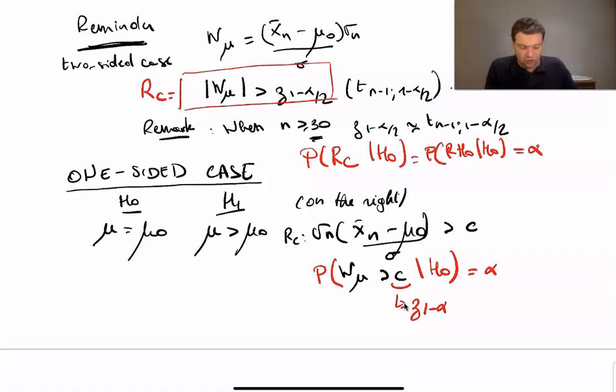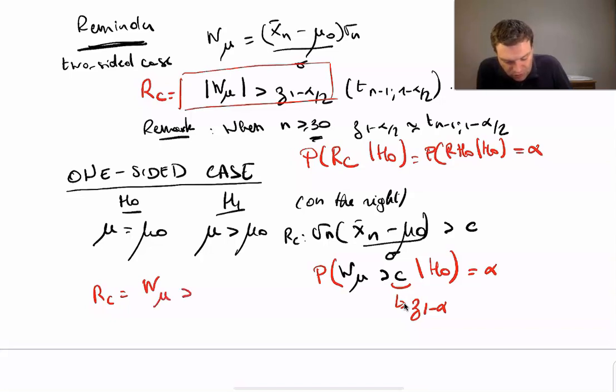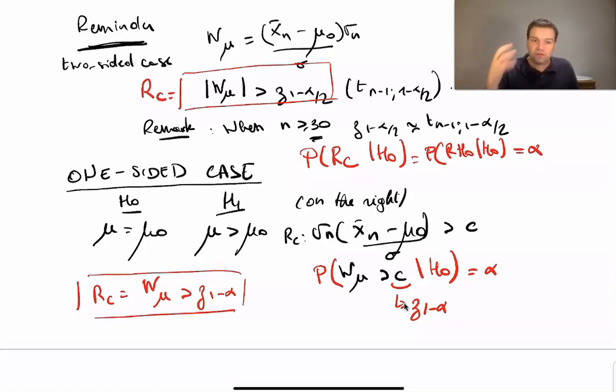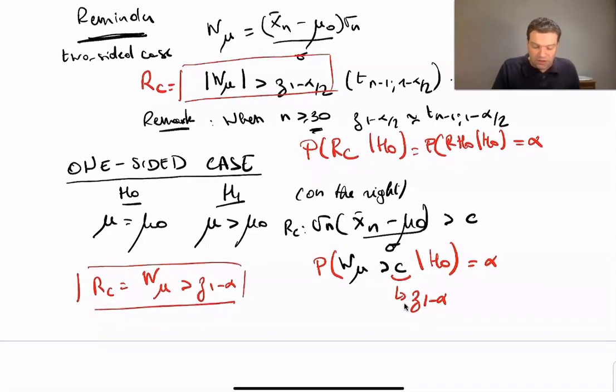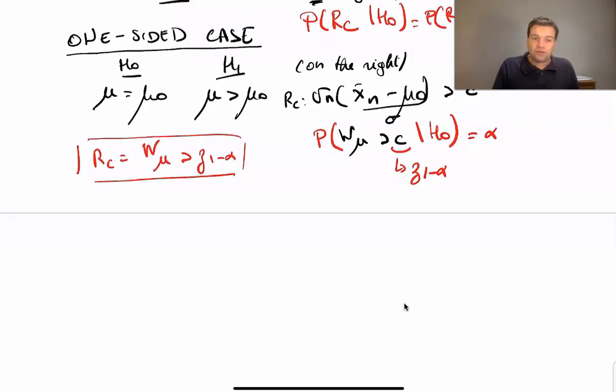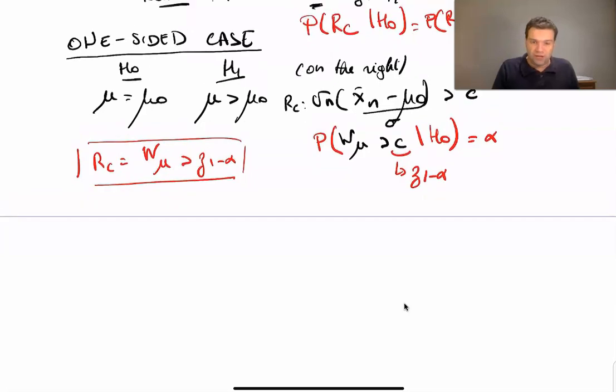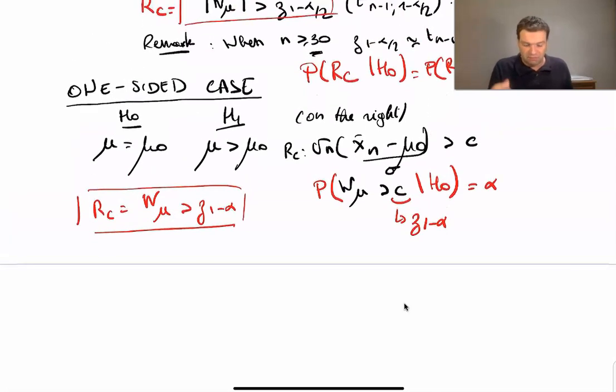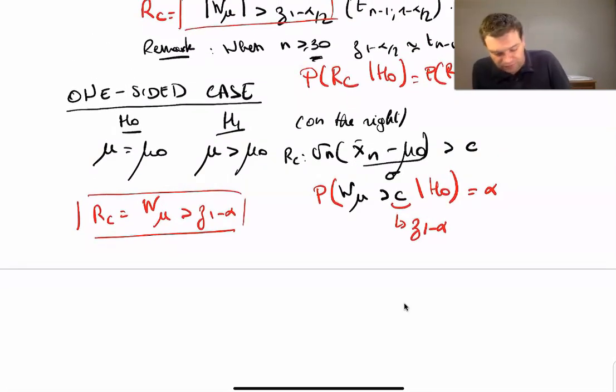This is thus the critical region for the one-sided test on the right: W mu strictly larger than z 1 minus alpha. And the probability of this critical region is always the same thing, it has value alpha. Thus, we can quickly do the same for the one-sided case on the left.